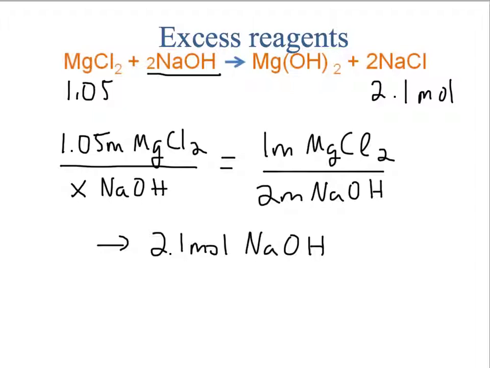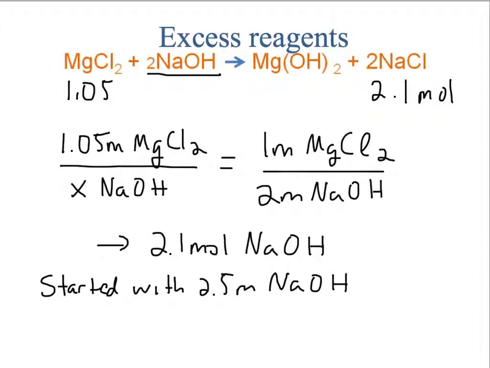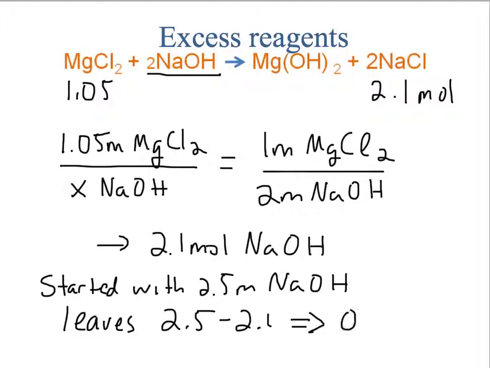And if we go back to our original problem, we started with 2.5 moles of sodium hydroxide, if you recall, which will leave us with, well, we start with 2.5, we take away 2.1, and we're left with 0.4 moles of sodium hydroxide left.